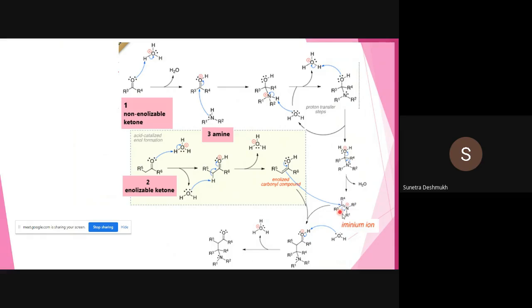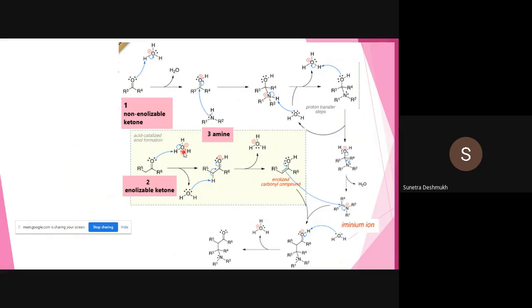This Schiff base acts as the electrophile, and now we have to generate the nucleophile from the enolizable ketone.